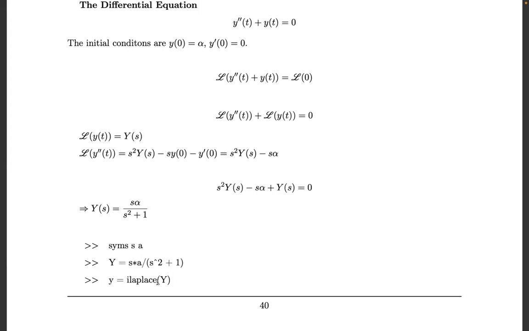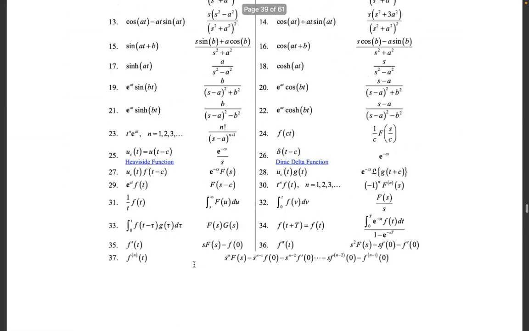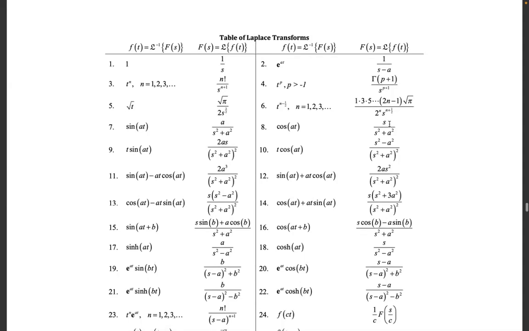Then use the inverse Laplace transform, so we can get the function in the time domain. Actually, we can also get this from the table. s cosine at equals s over s squared plus a squared.